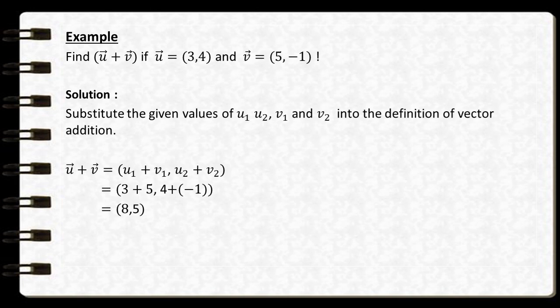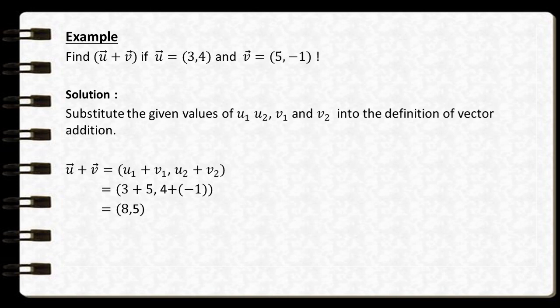From that problem we know u1 equals 3, u2 equals 4, v1 equals 5 and v2 equals minus 1.